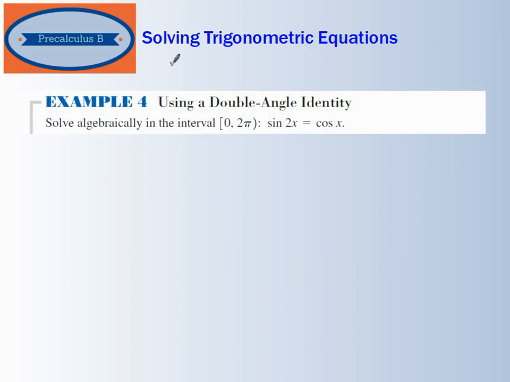So how might we use a double angle identity? If I were asked to solve algebraically in the interval between 0 and 2 pi, sine of 2x is equal to cosine of x, how would I find where that occurs? Well, sine 2x I could rewrite as 2 sine x cosine x.